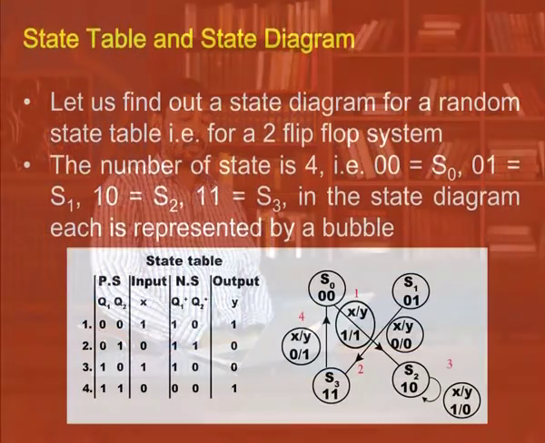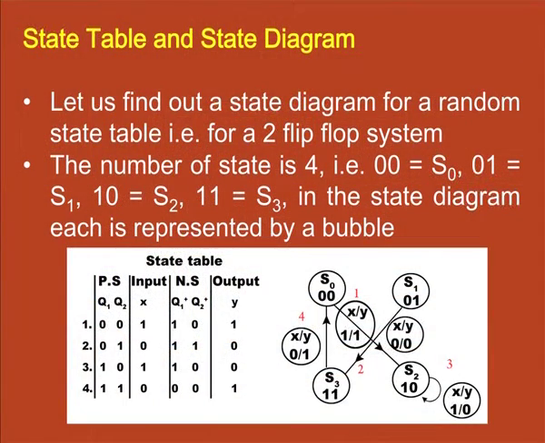Now, let us find out the state diagram for a random state table, that is, let us consider a 2 flip flop system. The 2 flip flop system will generate 4 states. These 4 states can be defined as 0 0, which is shown here as S0, 0 1 which is shown as S1, 1 0 is shown as S2 and 1 1 which is shown as S3.